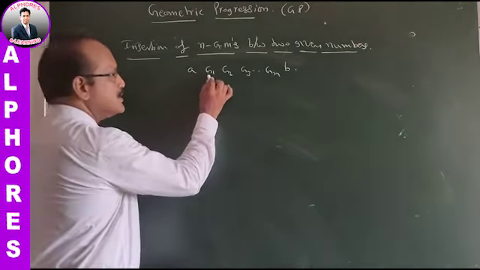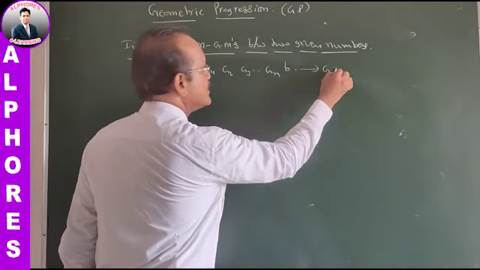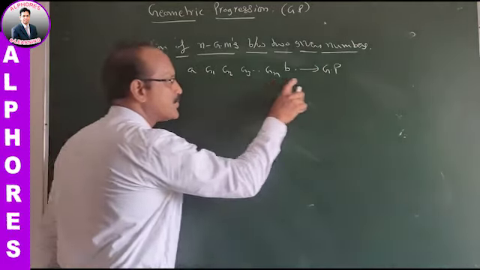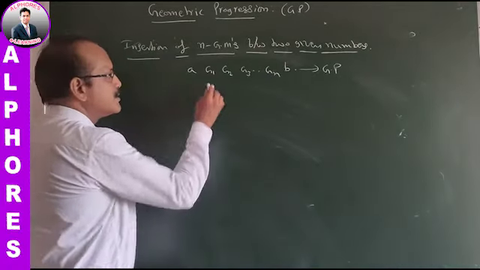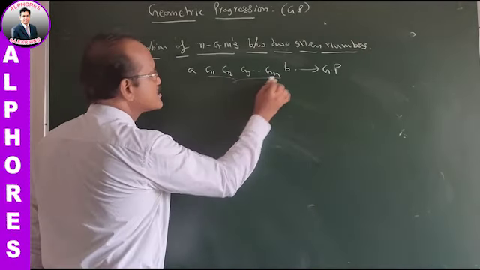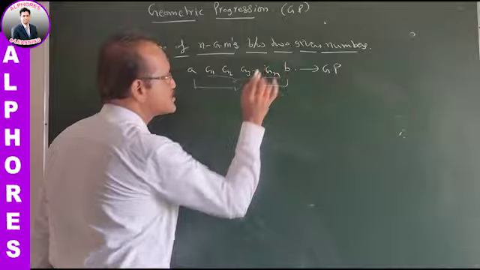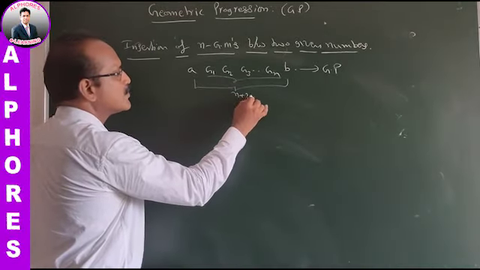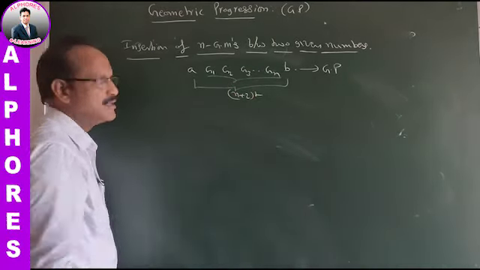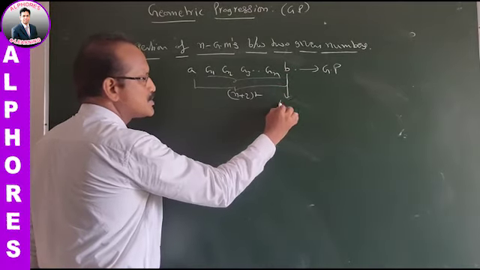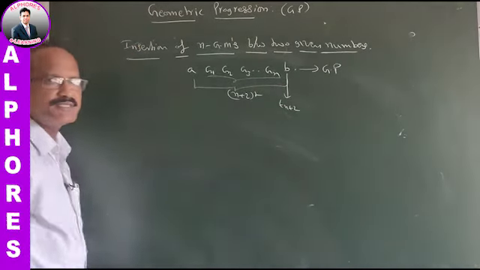Of course, this forms a GP series. These n terms, and in total there are n plus 2 terms. Of course, b is the (n+2)th term.